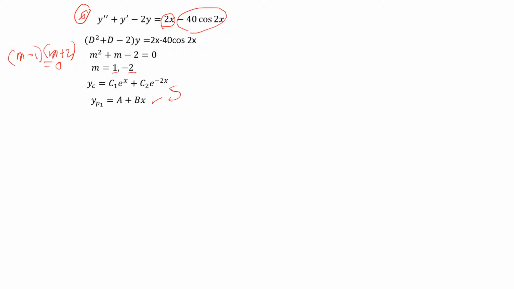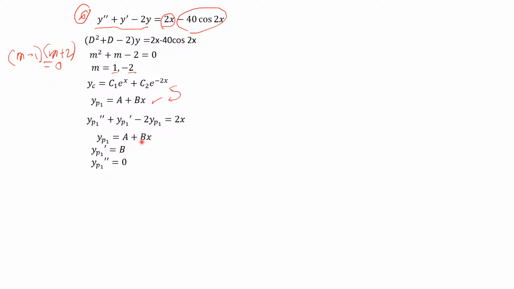We will have to determine a and b, because this should satisfy the original equation: yp1 double prime plus yp1 prime minus 2 yp1 equals x. So we need yp1, yp1 prime, and yp1 double prime.